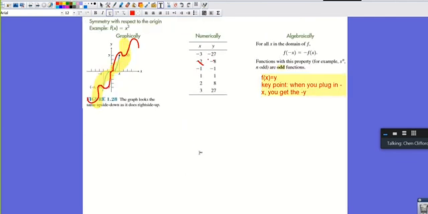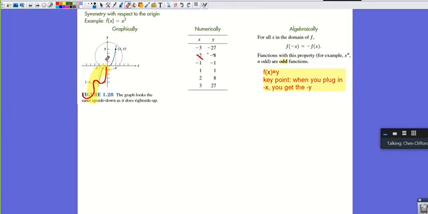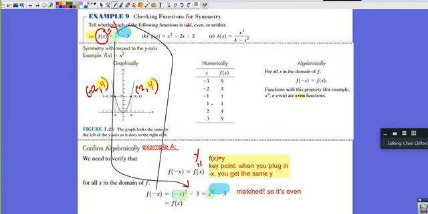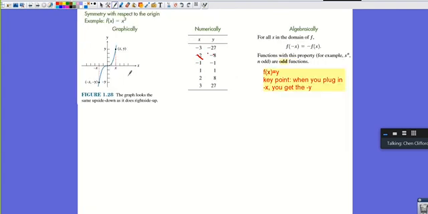If we go to odd functions, the key point is that, as opposed to even functions, where you plug in a negative x and you get the same y, an even function looks like this. Here, let's look at this coordinate.